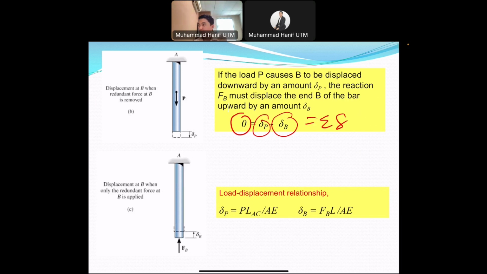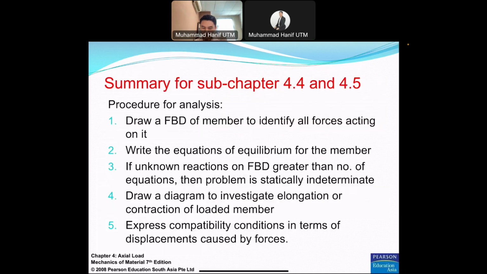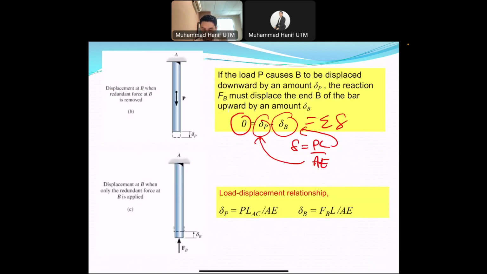Once you have this relationship, we can simply put in the equation of delta, and you will have the load-displacement relationship. So this is the procedure on how to generate it.